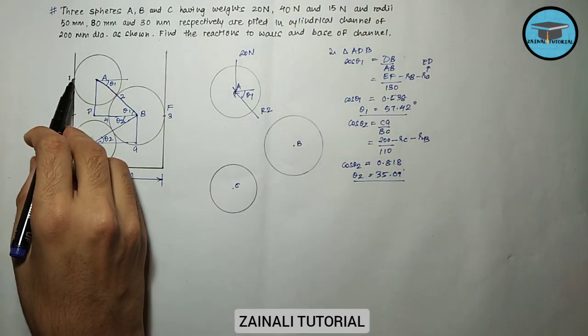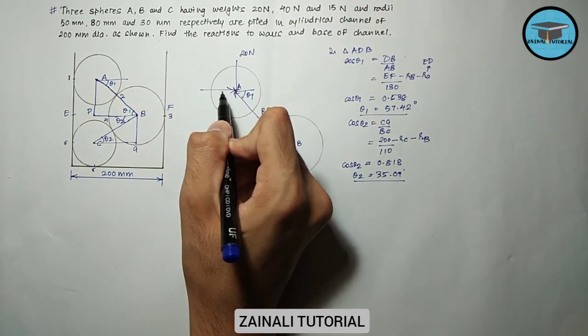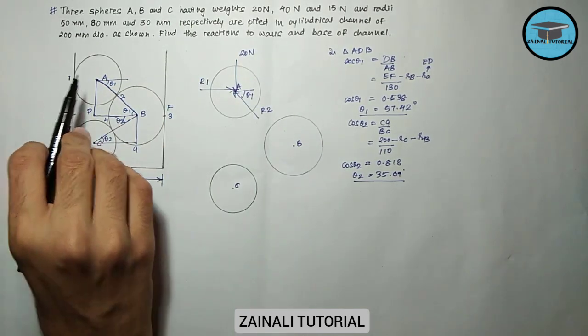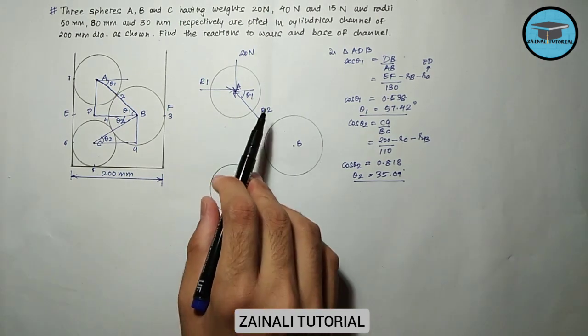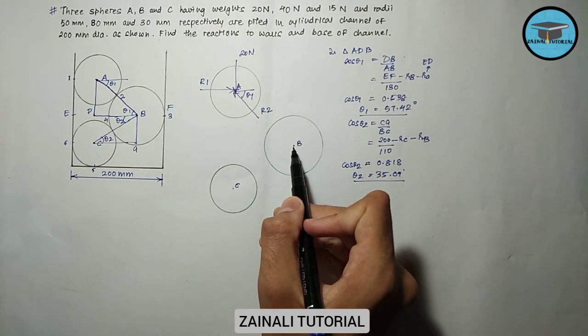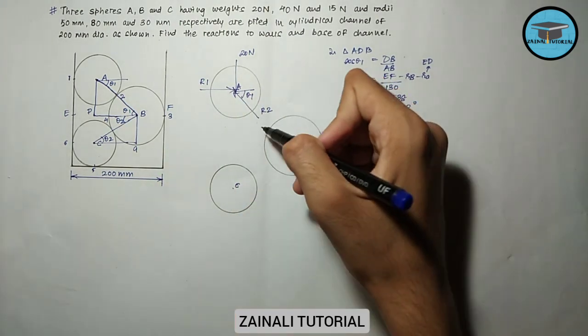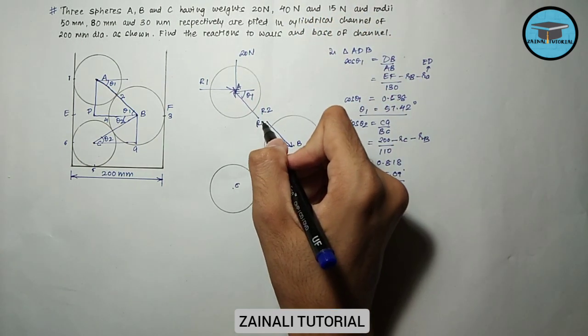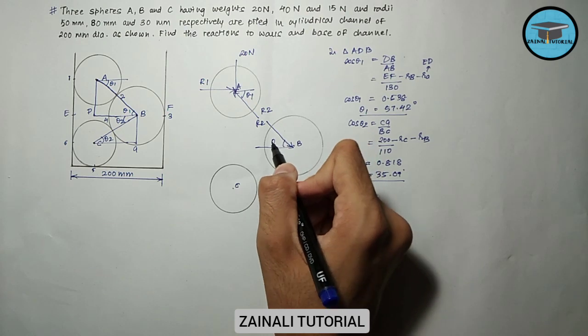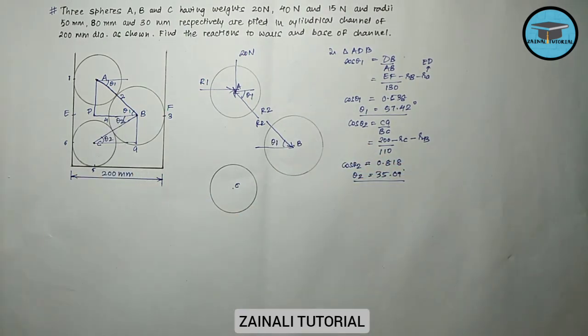Okay, similarly this is reaction R1 which will be coming from this wall on the sphere A. So we have drawn the free body diagram of the sphere A. Similarly we need to draw the free body diagram of the sphere B. Since R2 is in this direction, R2 on the sphere B would be like this, and again it is inclined at an angle of theta 1 with the horizontal.